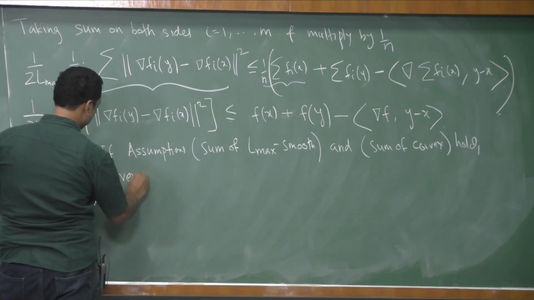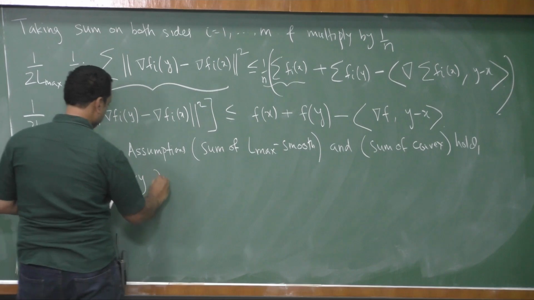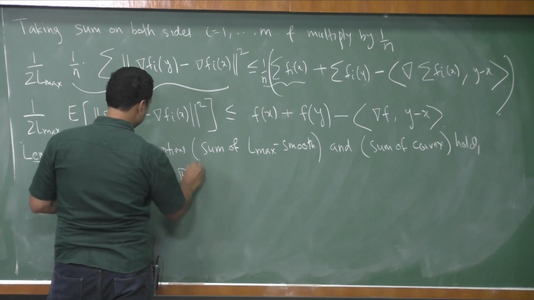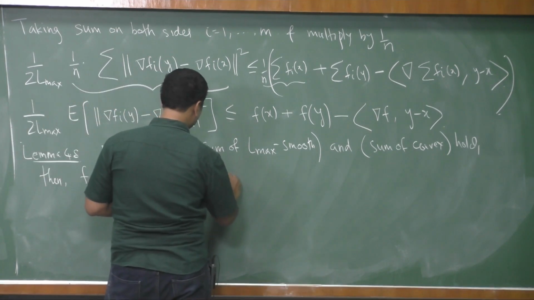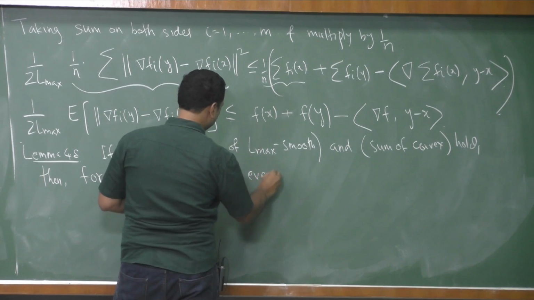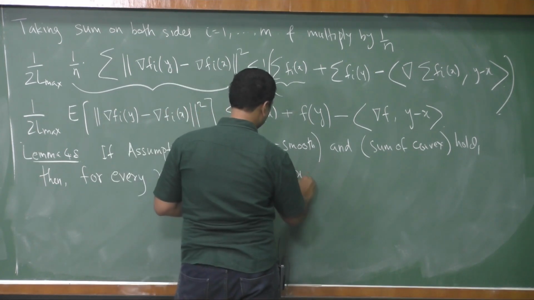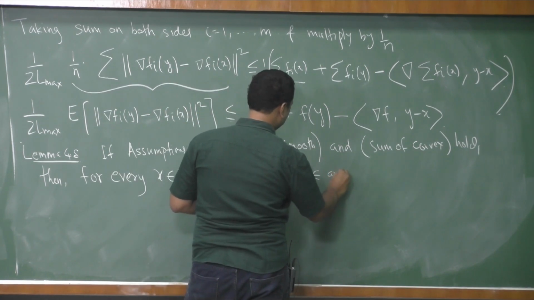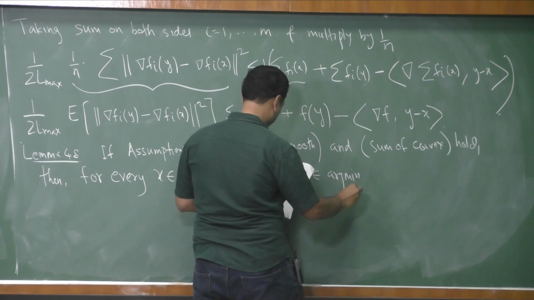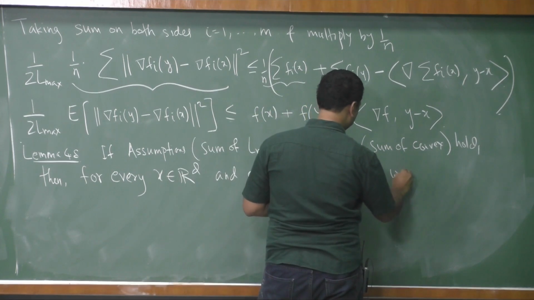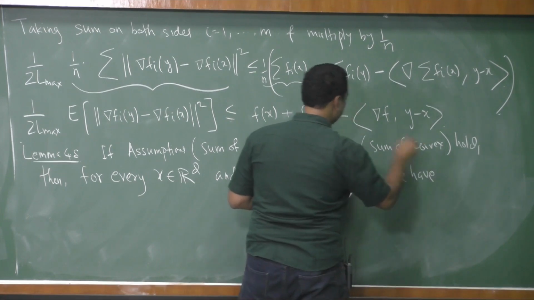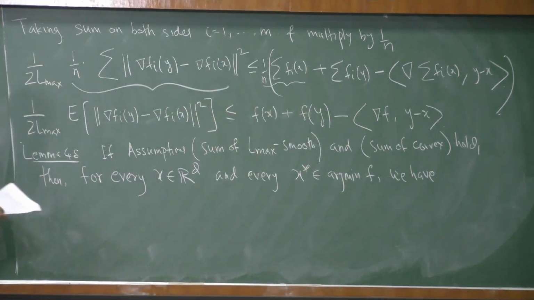Okay, so for every x in R^d and every x star in argmin f, we have, so this is a result that is left as an exercise for you. You can try a few things on your own also.